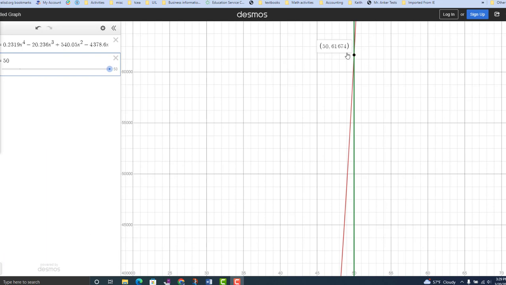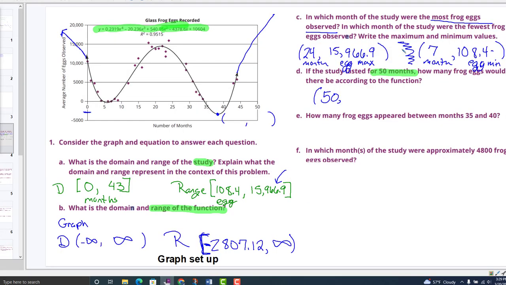How many eggs were observed in the 50th month that this pattern continued? 61,674. And so, do we know for certain this is how many are going to happen in the 50th month? No.